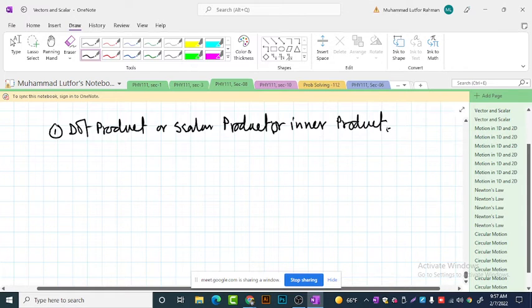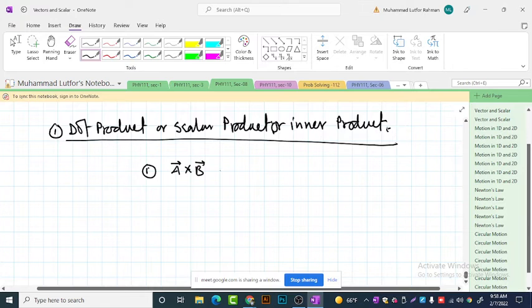This one could be done in two ways. One is, say, if I write A cross B, actually, sorry, I'm extremely sorry, it's a dot product. This would be A dot B.